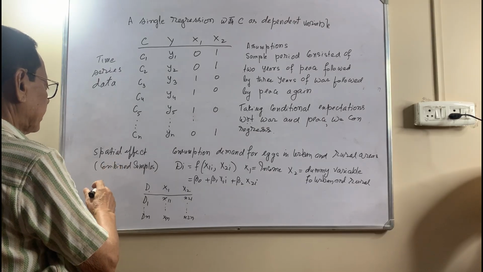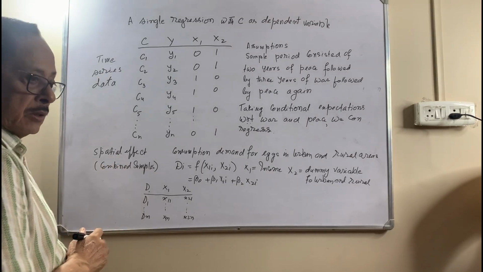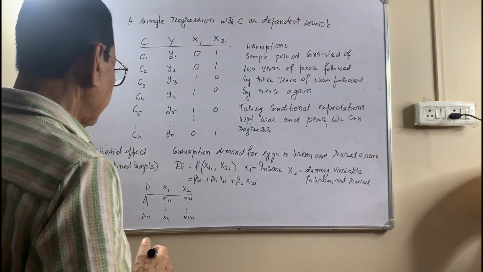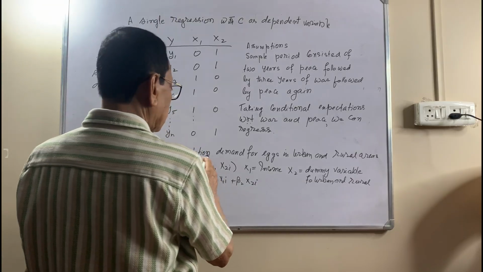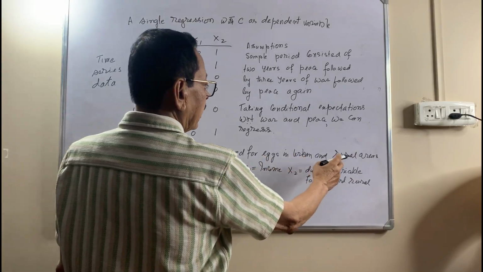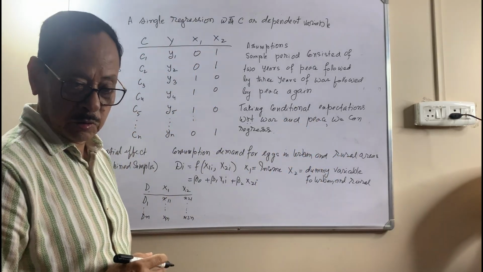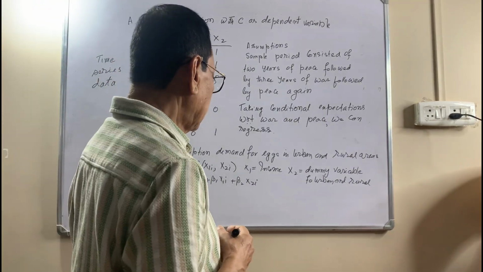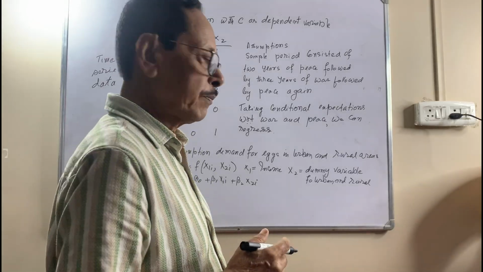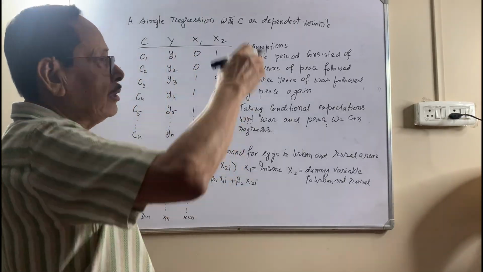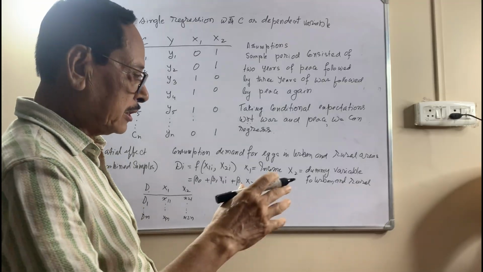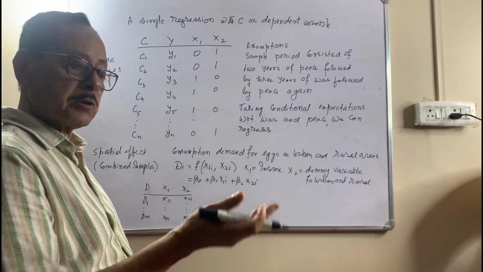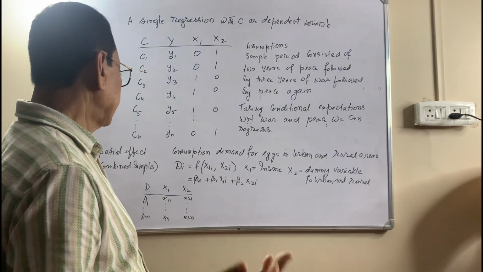Then special effect, suppose combined samples. Suppose we take combined samples, and just suppose consumption demand for eggs in urban and rural areas. We know that consumption is generally higher in urban areas and lower in rural areas. So when we take data, suppose this is cross-section data, and the samples are both in urban as well as in rural areas.